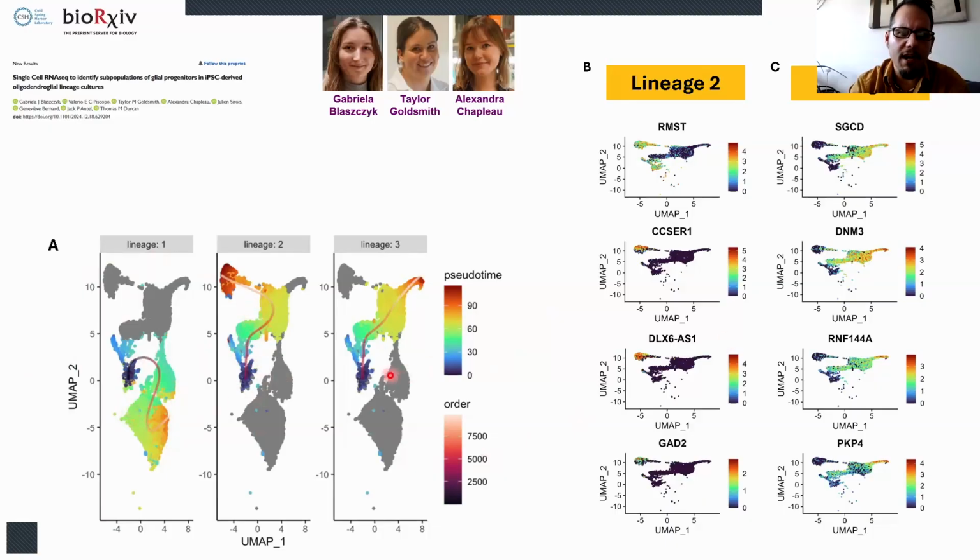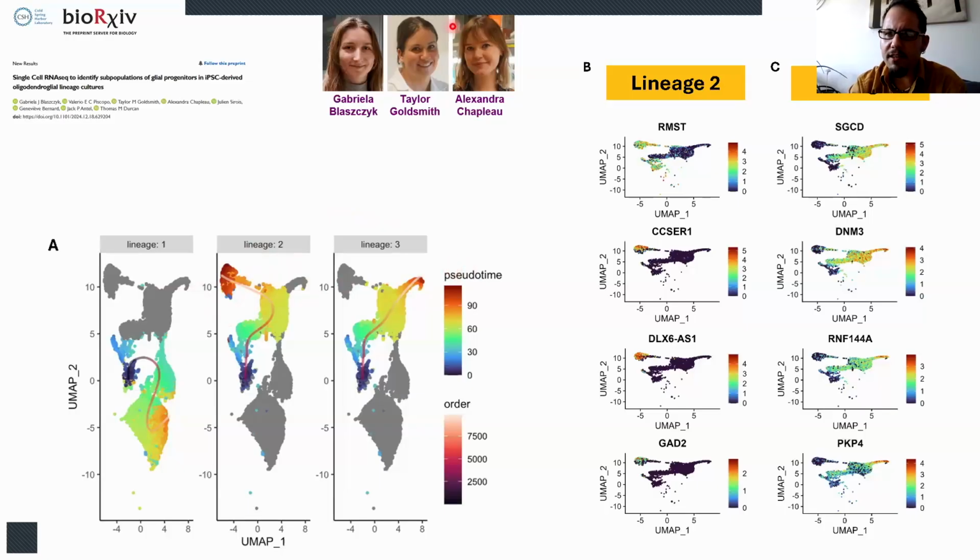What is interesting for us is this divergence between one trajectory that leads to resting OPCs and one trajectory that leads to mature oligodendrocytes. This is interesting because it appears like we have a reservoir of resting OPCs that seem to have some role in the homeostasis of the oligodendrocyte population in general.